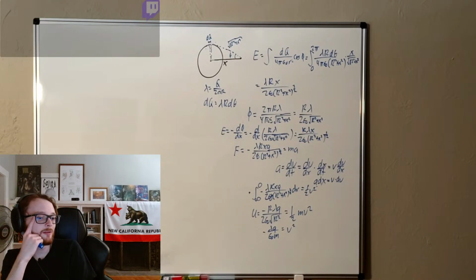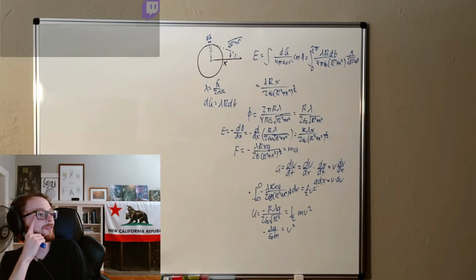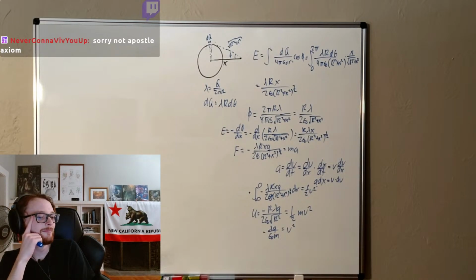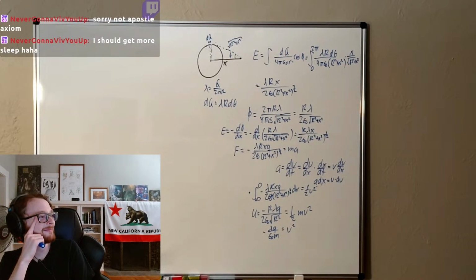Benbox is saying it's supposed to be minus a half v squared. Oh, axiom, okay. No worries. Why would kinetic energy be negative?